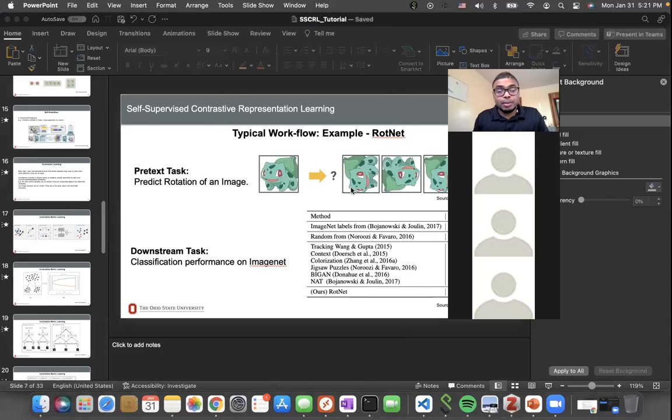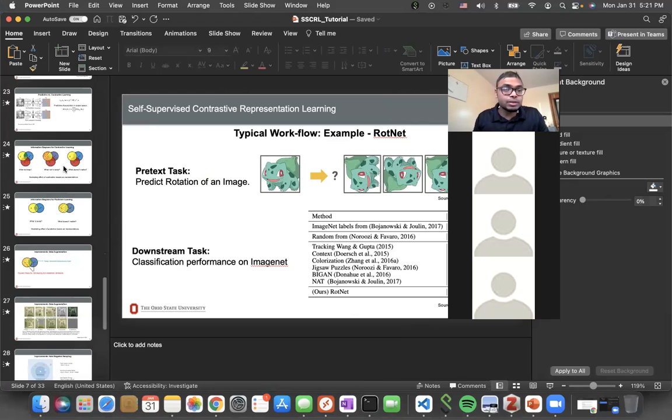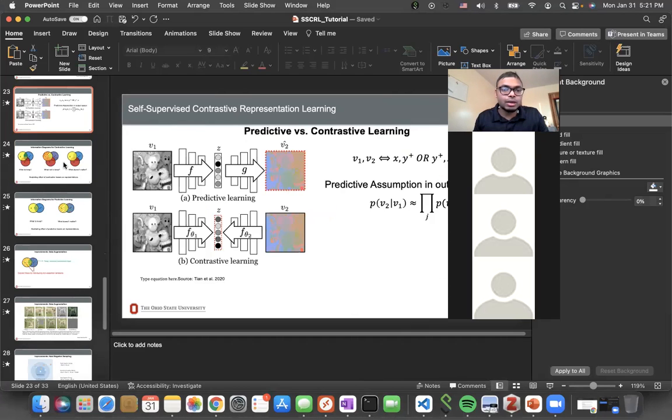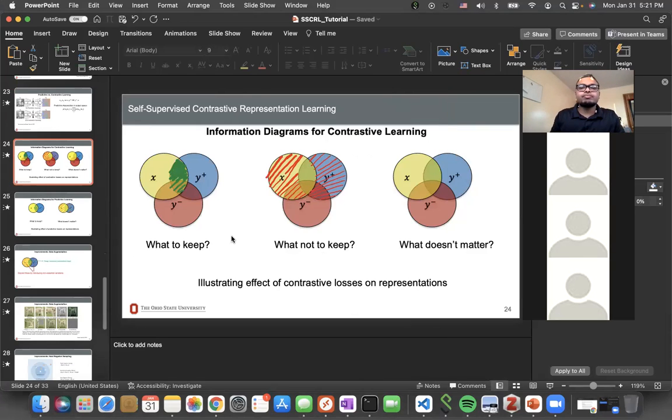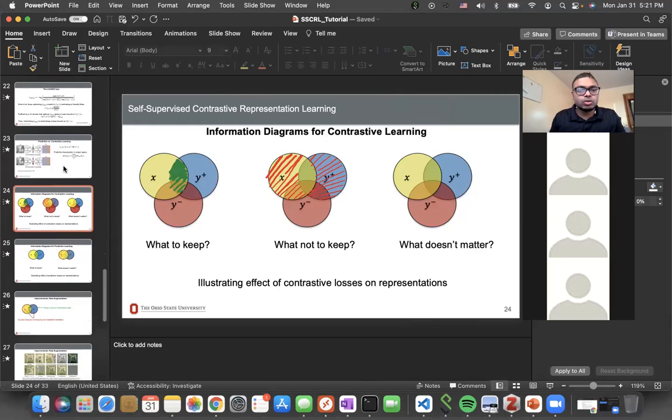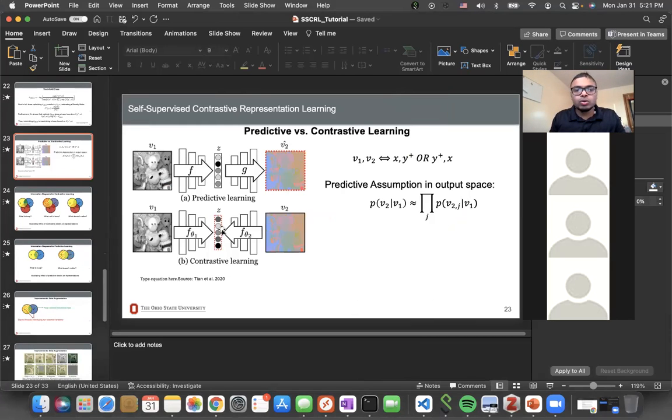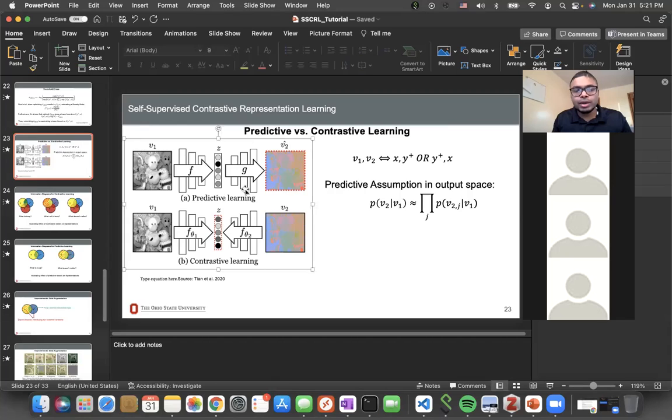Right. I hope to cover some of it. So really, think about what you want in the features. That's how you will define your pretext task. Just looking at this slide, this is where we stopped today. This is a predictive pretext task, which is a self-prediction one.